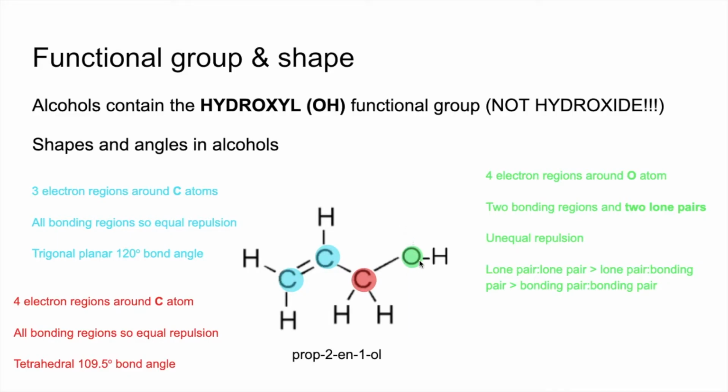So the lone pair to lone pair repulsion is repelling more than anything else, and that's going to reduce the starting angle of 109.5 that you've got for 4 electron regions. It's going to go down by 5 degrees down to 104.5, and the shape is non-linear.